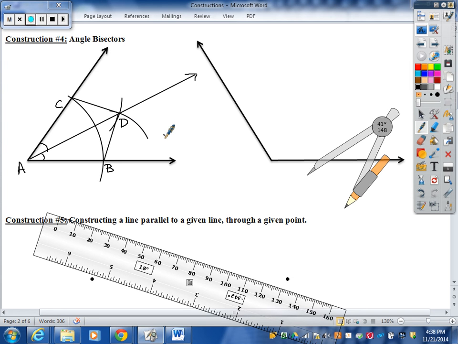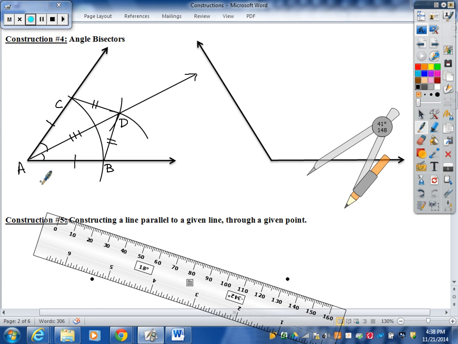Okay? And so what we have here, we already said that AC was congruent to AB. Okay? We made that arc right there, the same distance from point A. Good. Now, from this point, we made an arc, and from this point here, we made an arc, and this point right here is the same distance from both sides of the angle. So I'm going to go ahead and make two congruency marks there. And if you look at triangle ACD and triangle ABD, you'll notice that the triangles are congruent by side, side, side.